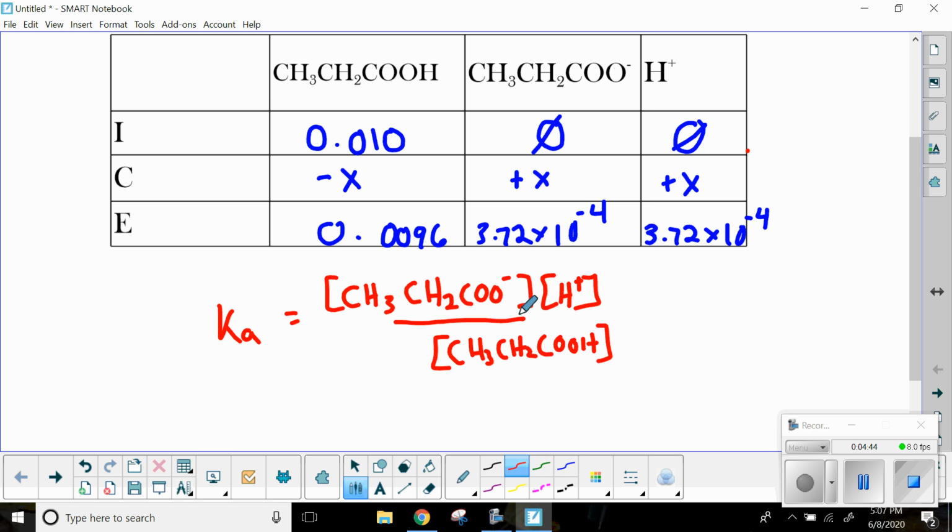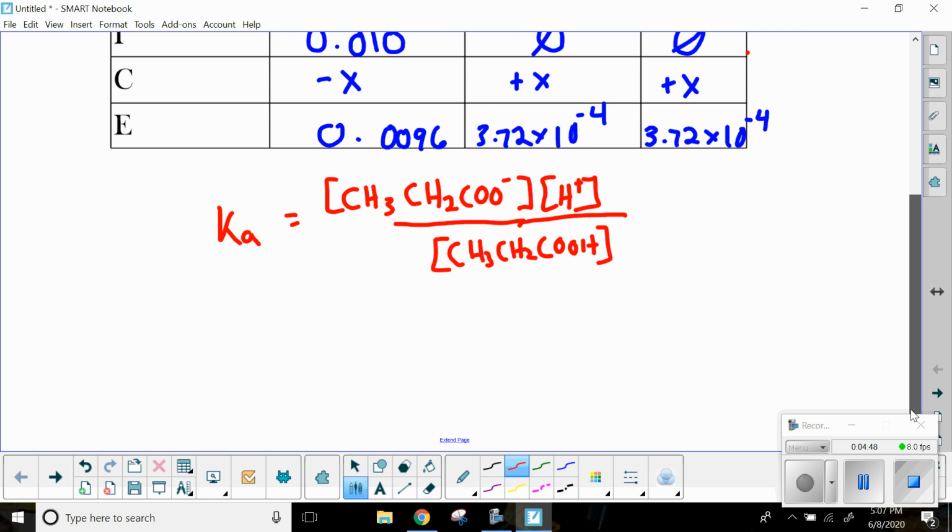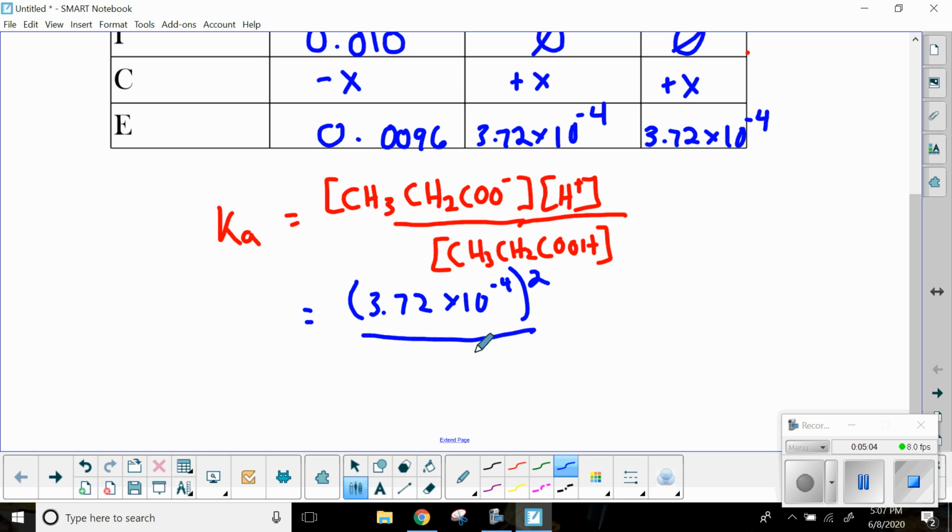Now I'm ready to fill in my values. So my values here, I'm going to have a 3.72 times 10 to the negative fourth, and so is this one here, the hydrogen concentration. So I'm just going to square that all over 0.0096. So I'm going to take a moment and type that into my calculator.